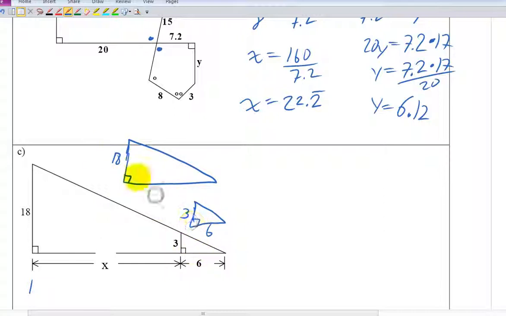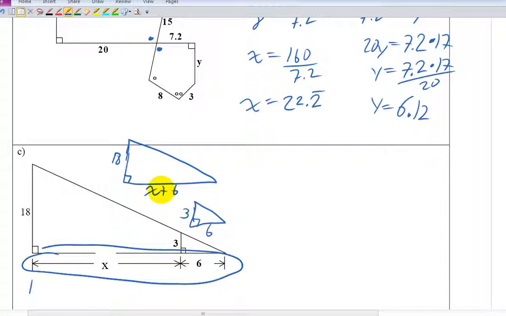You should have 90 degrees, 90 degrees, 18. What's this one? Wrong. It's the whole side. X plus 6.